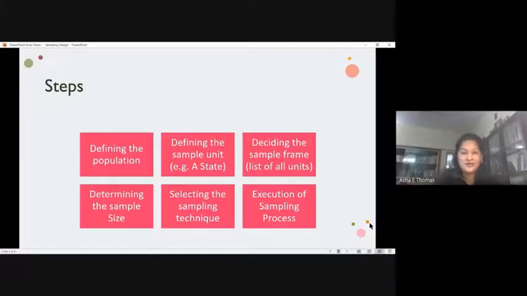So in this particular study, maybe I'm looking into the manufacturing companies, public sector manufacturing companies in the state of Kerala. Right. So I will have the list of all the companies that are operating within Kerala under the manufacturing sector.